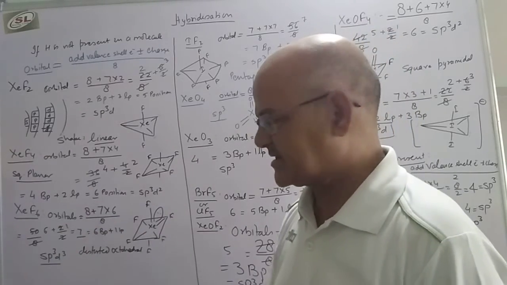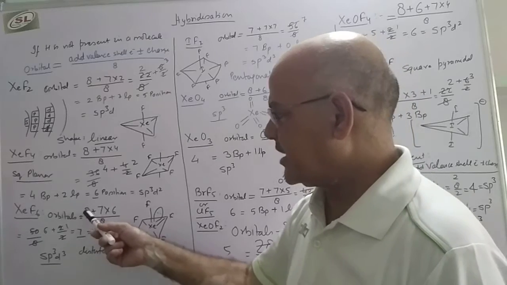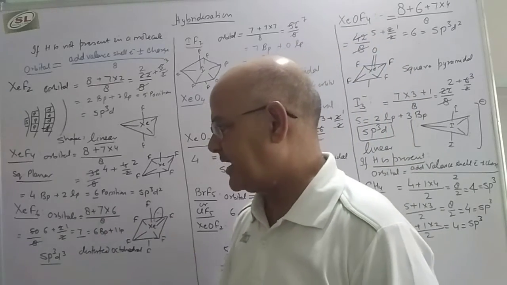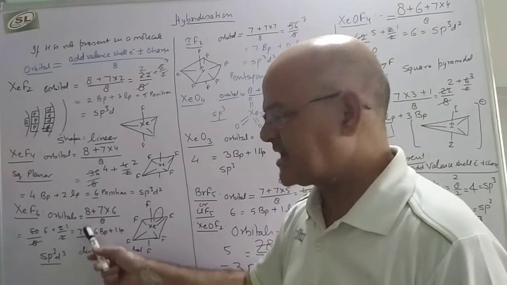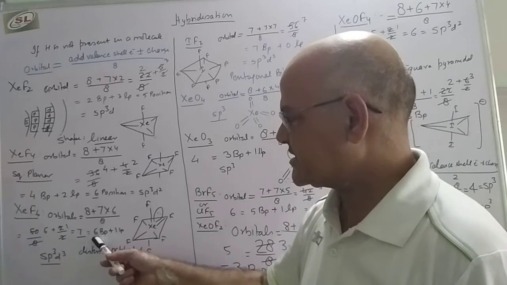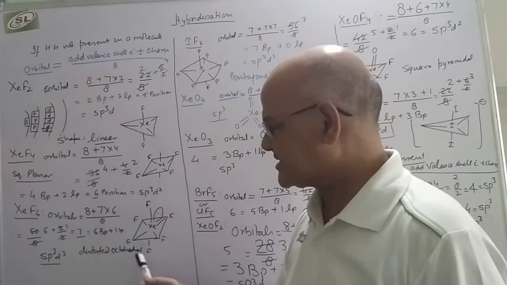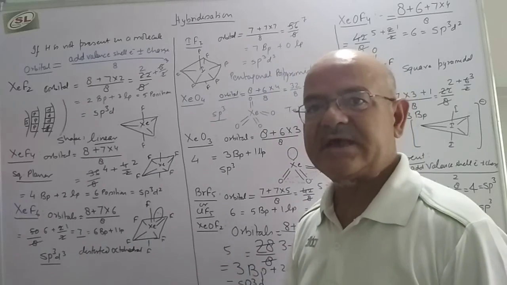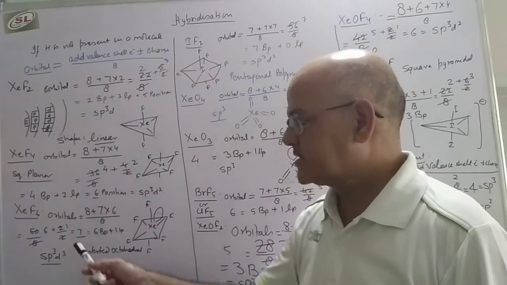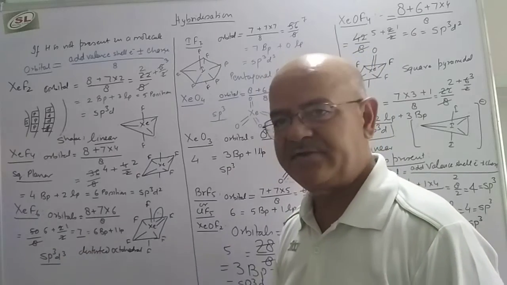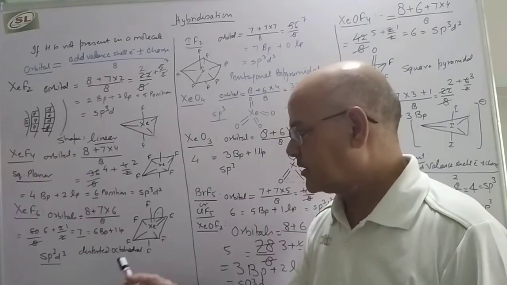In XeF6, 8 plus 7 into 6 divided by 8, it will come 7 orbitals, 6 bond pairs and 1 lone pair. According to the 7 positions, 7 orbitals will take part. So the hybridization will be sp3d3, 7 orbitals are there.